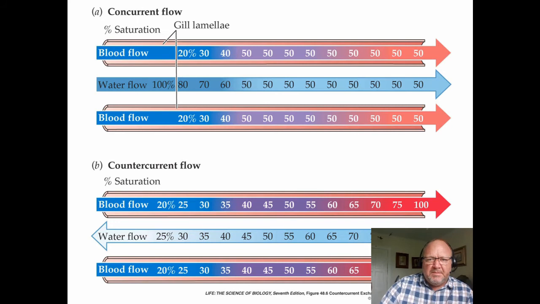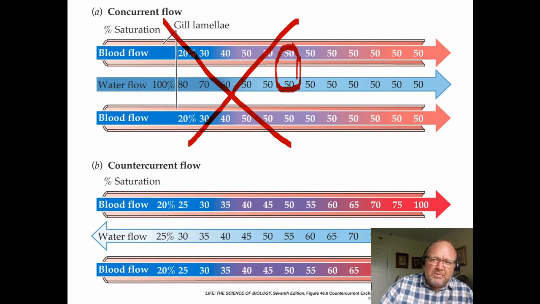Another picture. Now remember, concurrent blood flow does not exist in nature. We've shown it specifically so that we can see that if it was flowing in the same direction, with the freshest water meeting the blood with the least oxygen, very quickly you would get into a situation of equilibrium, and there would be no more exchange of gases, because equilibrium means it's equal on every side and there's no favorable concentration gradient.